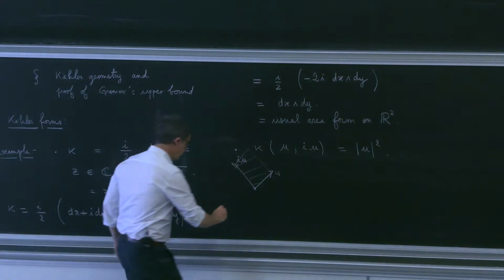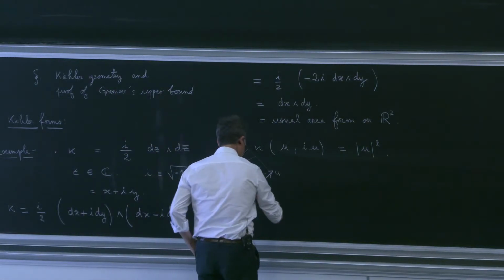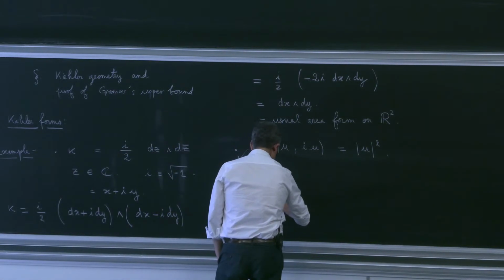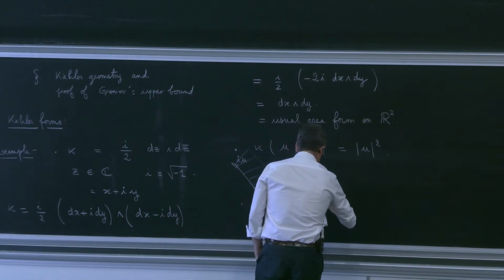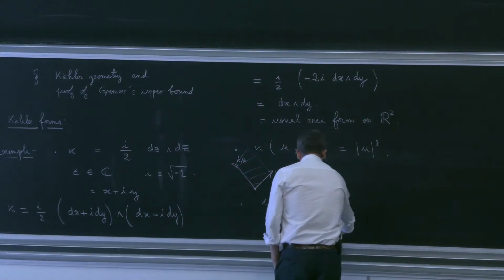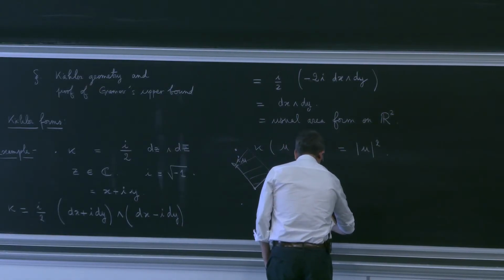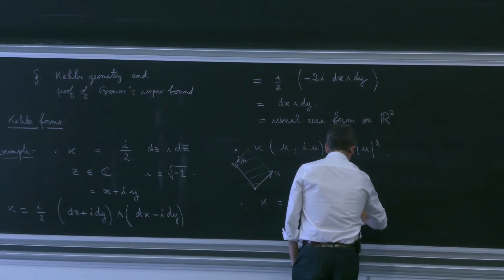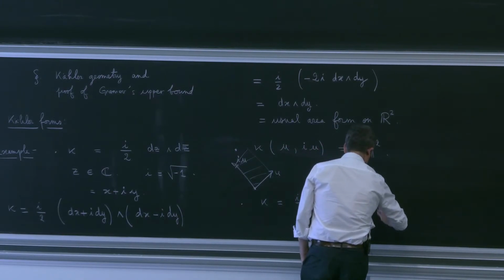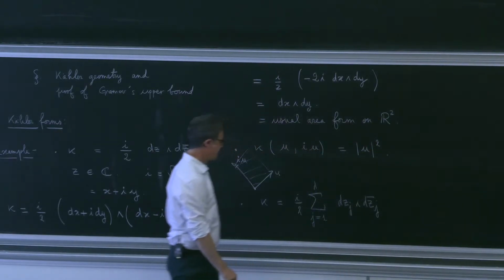Now if I do the same example but with d variables, so i over 2, sum from j equal 1 to d, dzj wedge dzj bar.